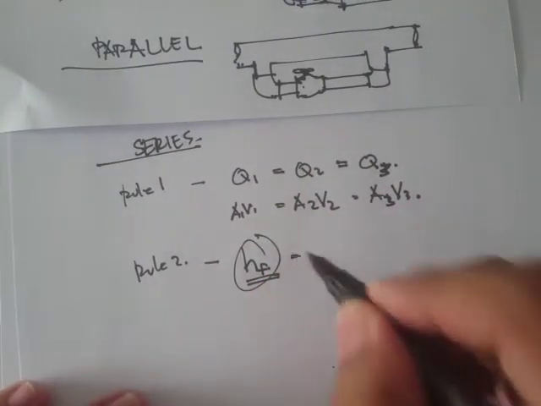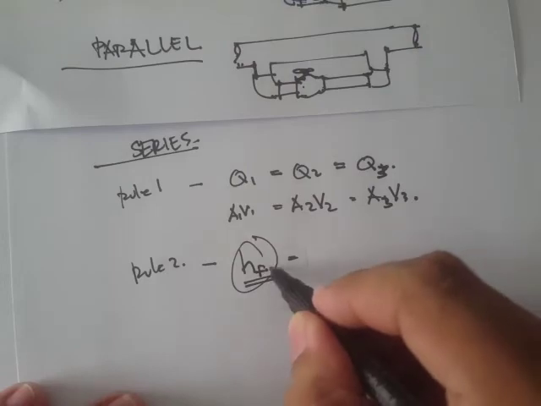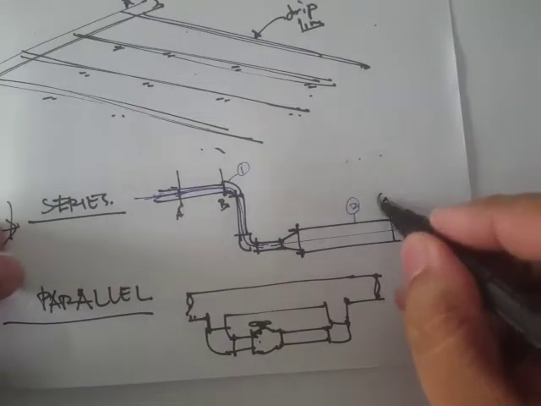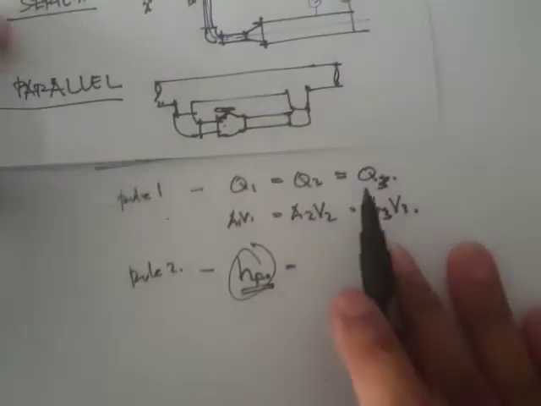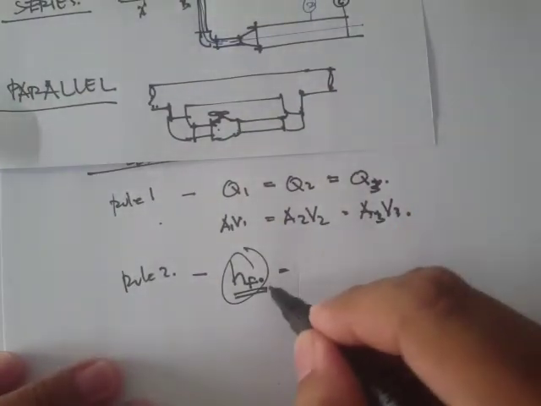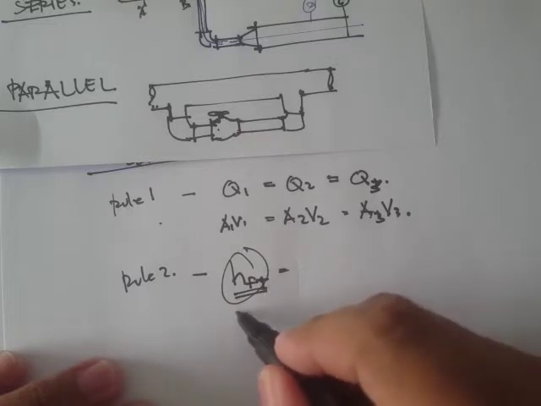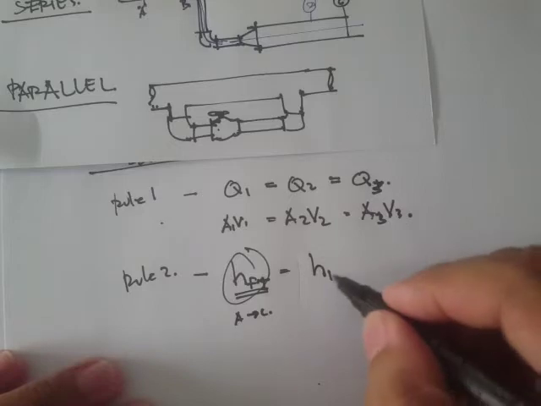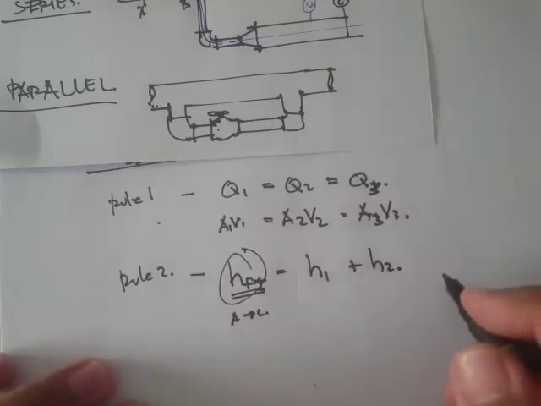Let's say this is our point C. So from point A to point C, the total friction loss is simply the sum, H sub 1 plus H sub 2.